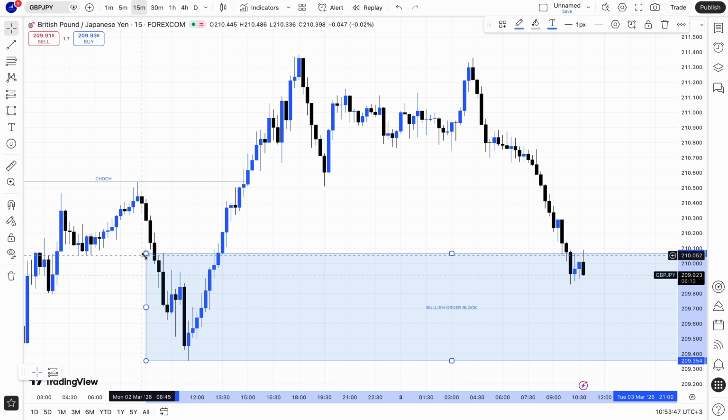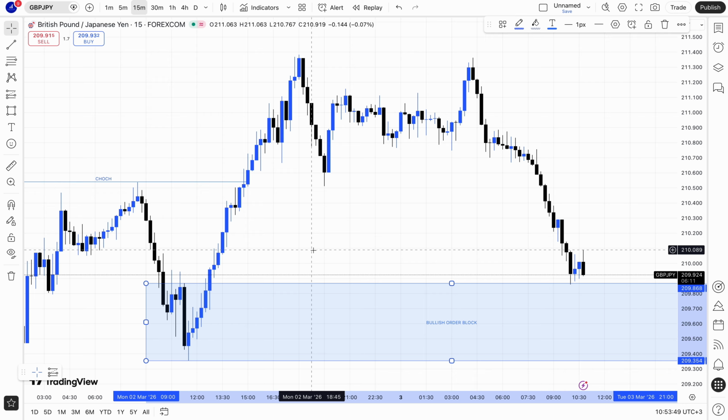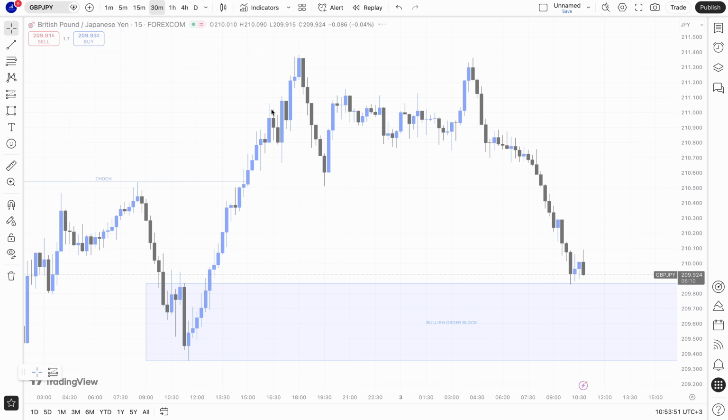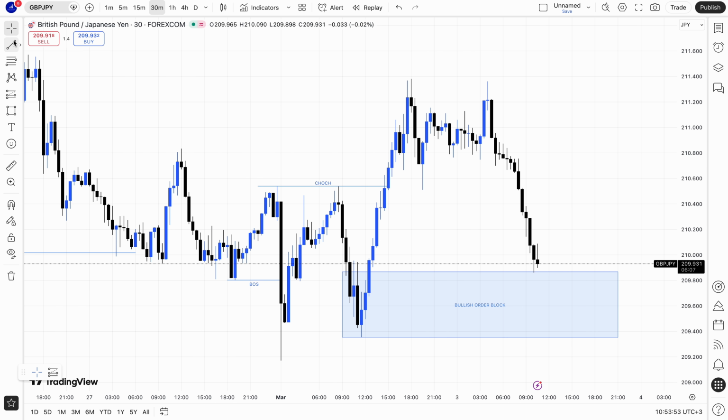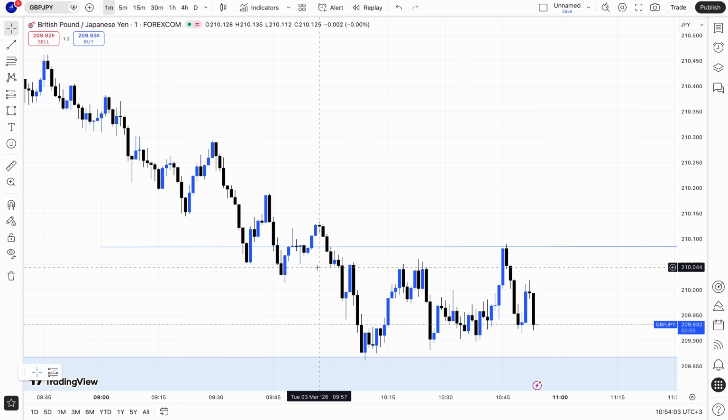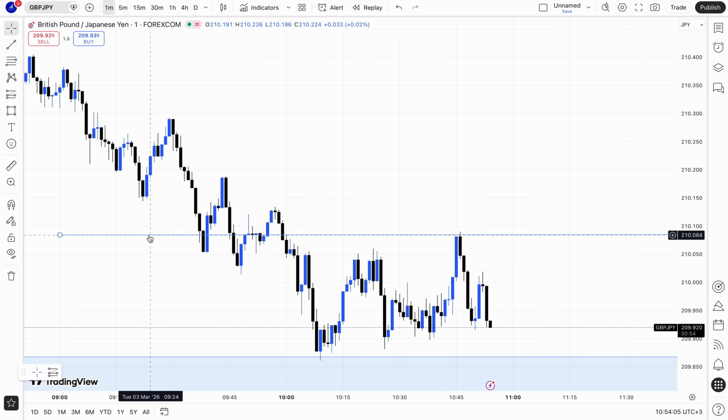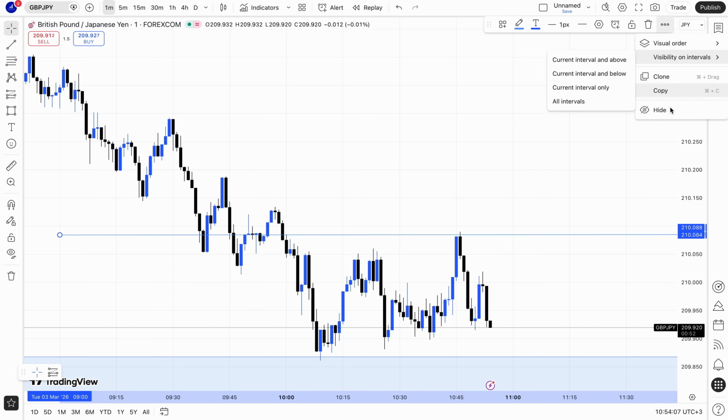Then on 15 you have it here. Then you need to wait for the candle break. Here plus the 1 minute. And the 1 minute shift is going to be here.